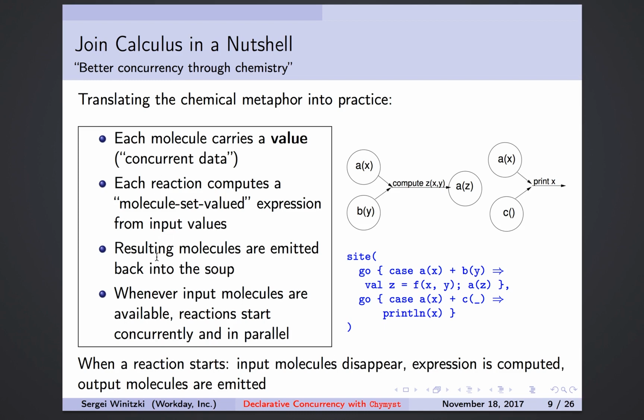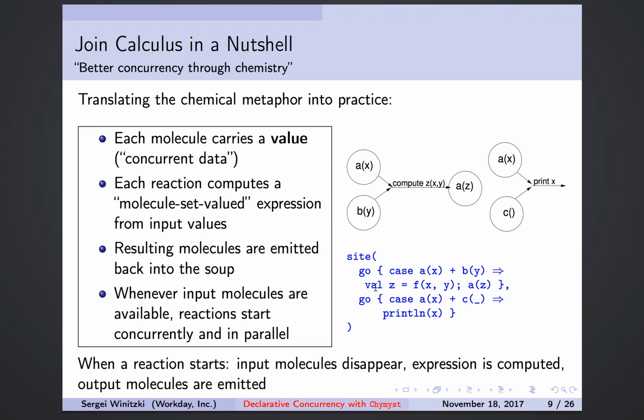So, to summarize, we just added the requirement that each molecule carries a value, and it naturally follows that reactions must carry functions. Each reaction can also emit molecules, so we can think about it as a molecule set valued expression, but it doesn't have to be thought of that way.